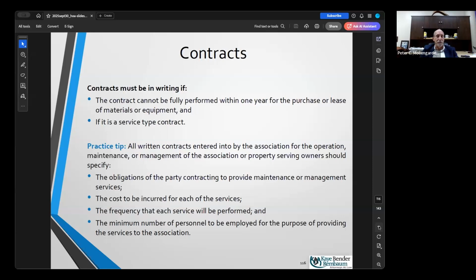But all written contracts entered into by the association for the operation, maintenance, or management of the association property or property serving the owner should specify the obligations of the party contracting to provide the maintenance or management, the cost to be incurred for each of the services, the frequency that each service will be performed, and the minimum number of personnel to be employed for the purpose of providing the services. Again, these are not statutory mandates. These are things that we advise as a business practice that you should do for what's in the contract.